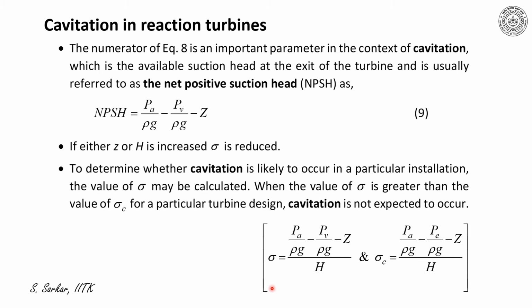Here, please note that value of sigma is equal to PA by rho g minus PV by rho g minus Z by H, and sigma c is equal to PA by rho g minus PE by rho g minus Z divided by H, where PE is the minimum pressure at the exit of the runner.